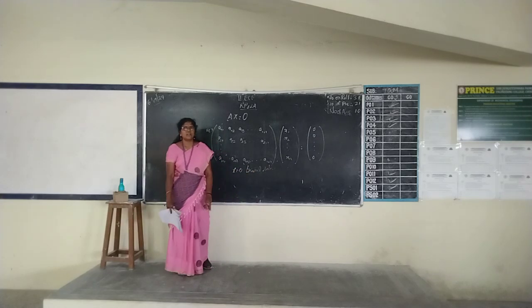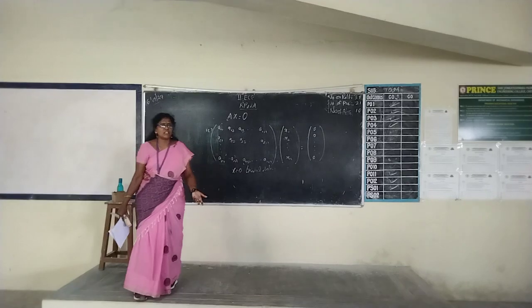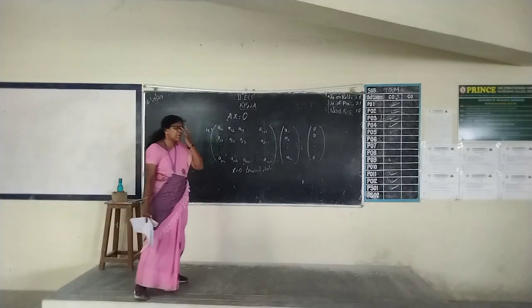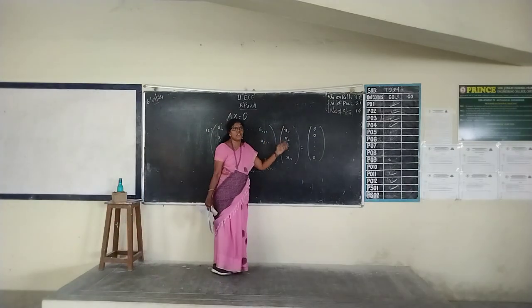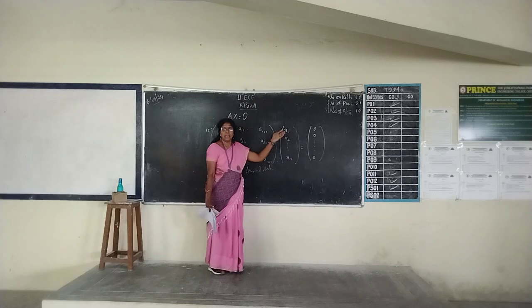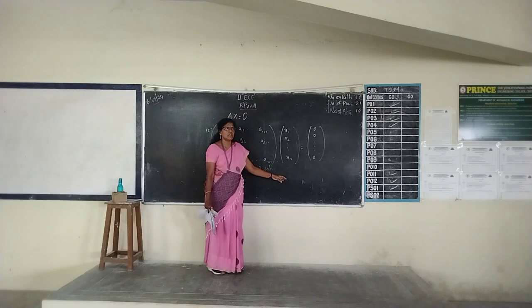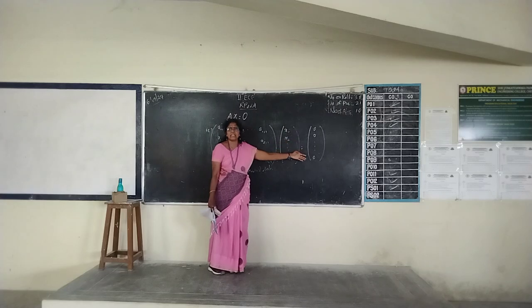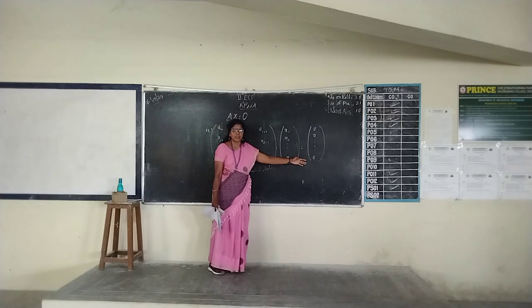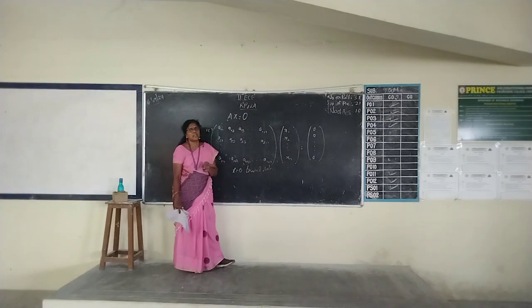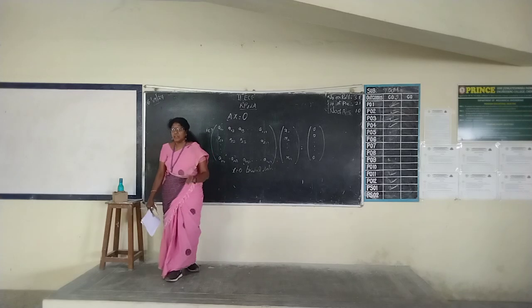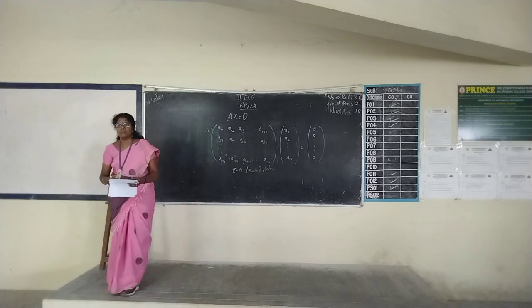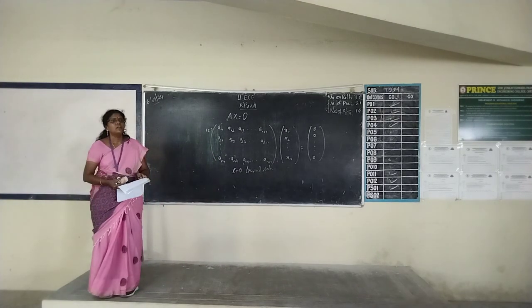X = 0 means all the unknowns x1, x2, etc., xn are 0. If all are 0, what happens to the equation? It is satisfied. So x = 0 is called a trivial solution. If x is not equal to 0, then it is a non-trivial solution.